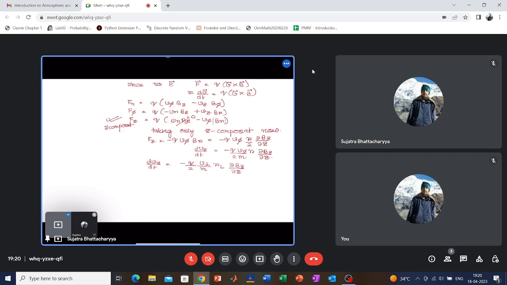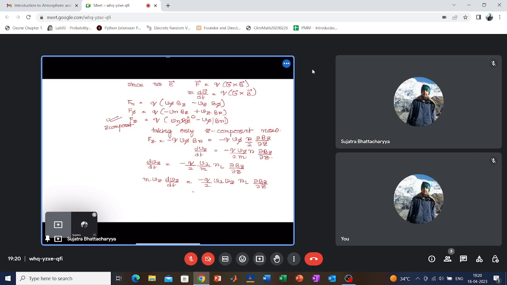Clear? Now I will take out this m on this side and multiply by vz, so that I can reach to kinetic energy. So it will be minus q by 2 v perpendicular vz rl delta bz by delta z, isn't it?